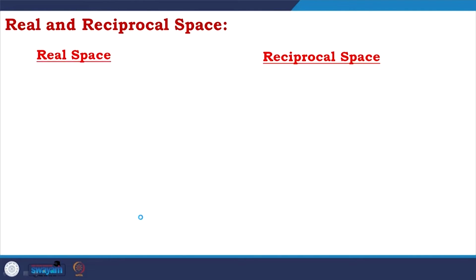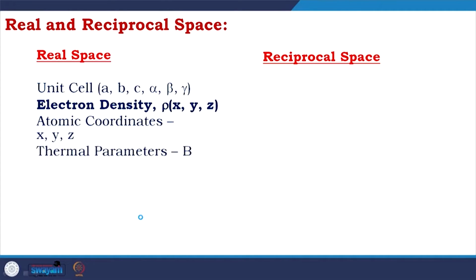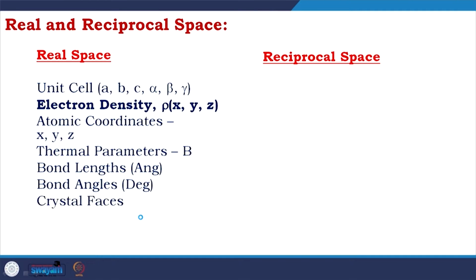I would also talk a little bit about real space and reciprocal space, which we discussed in detail while talking about the crystal lattice. In real space we get information about the unit cell a, b, c and alpha, beta, gamma, the distances and angles, electron density rho x y z, atomic coordinates x y z, thermal parameters B, which we will talk about later in detail, bond lengths in angstrom, bond angles in degrees, and crystal faces.